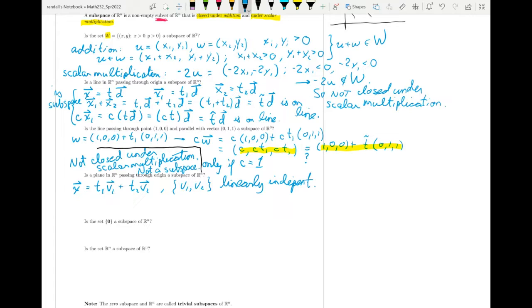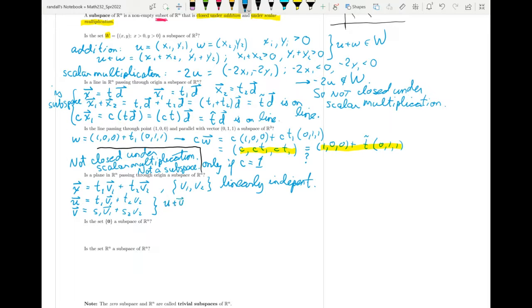Okay, so let's take a vector U to be T1 V1 plus T2 V2, and let's take a vector V to be S1 V1 plus S2 V2. So I've taken two vectors U and V in that plane. I'm going to add them up.